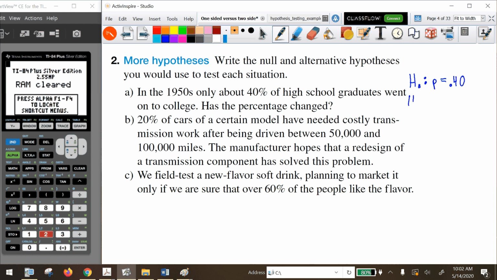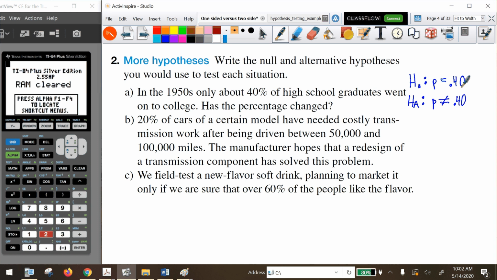And the alternative hypothesis that we're exploring is the possibility that it has changed and it's no longer 40%. They don't suggest that it's increased or decreased, so we're just going to say a two-sided alternative hypothesis. We're just exploring the possibility that it has changed from 40%, and we're looking in either direction.